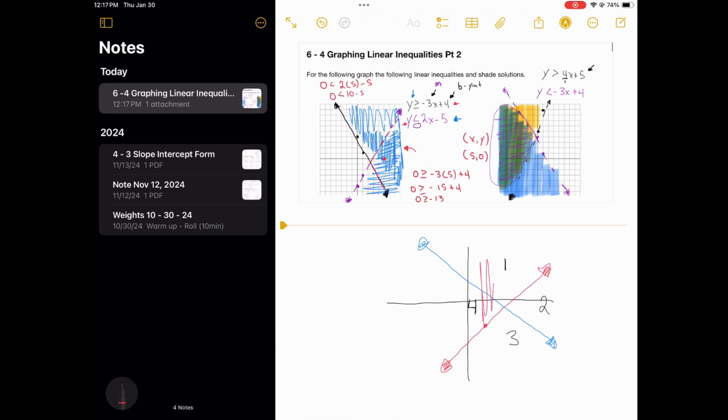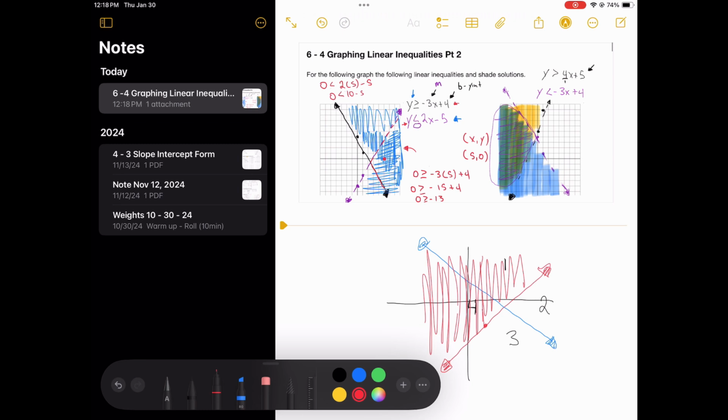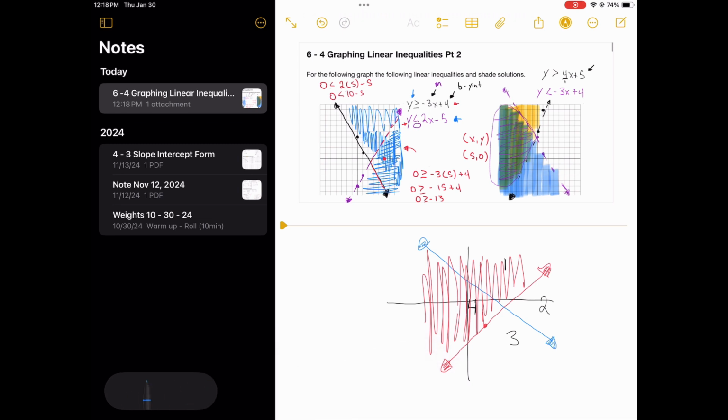That's how you would shade something greater than the red line. And say the blue was less than, you would take a point on your blue line and shade below that because it would be less than. So in this case, my solution set would be in this area, or sector 4.